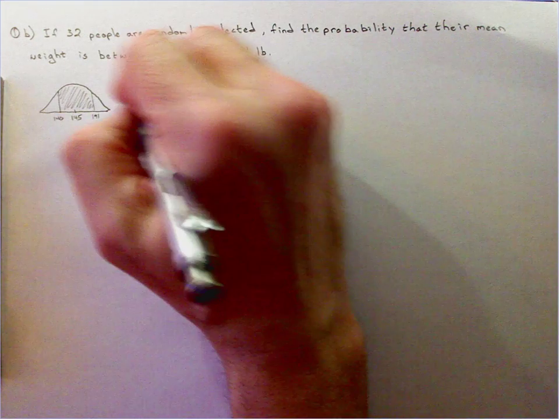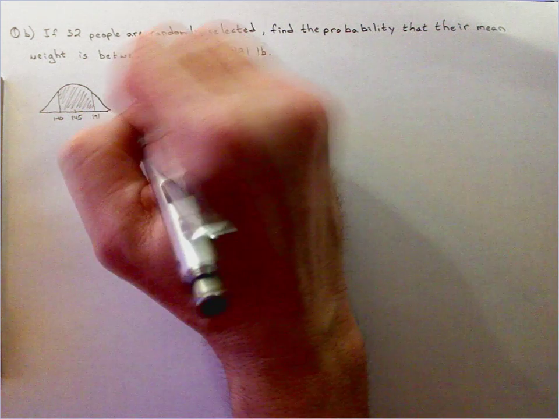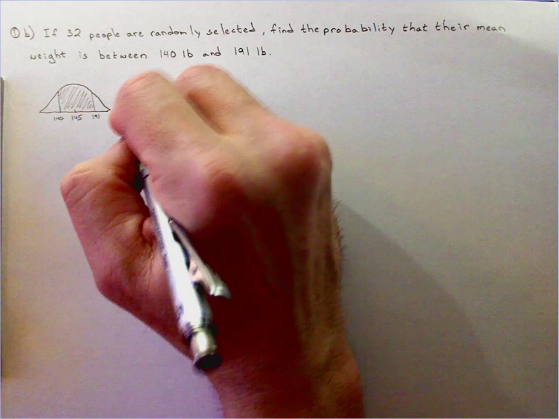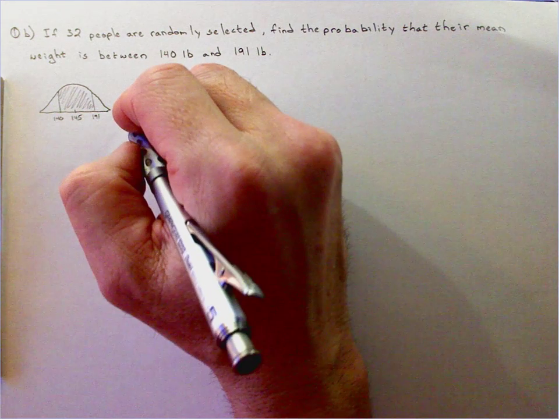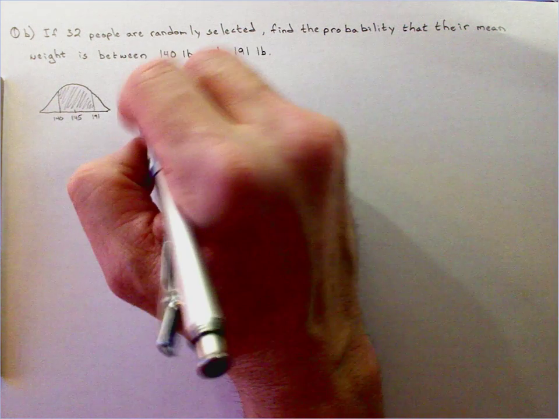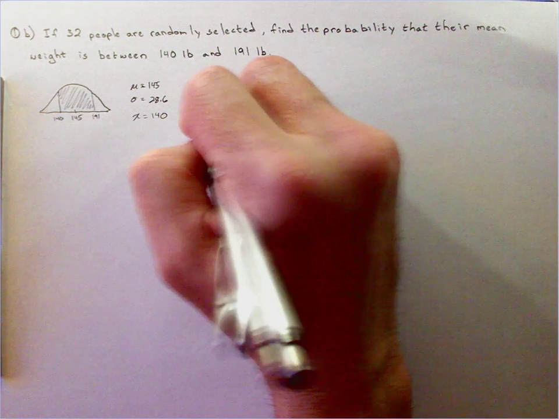Let me write this down. 145, 28.6, and I'm going to have an x value that's 140, and I have an x value of 191.